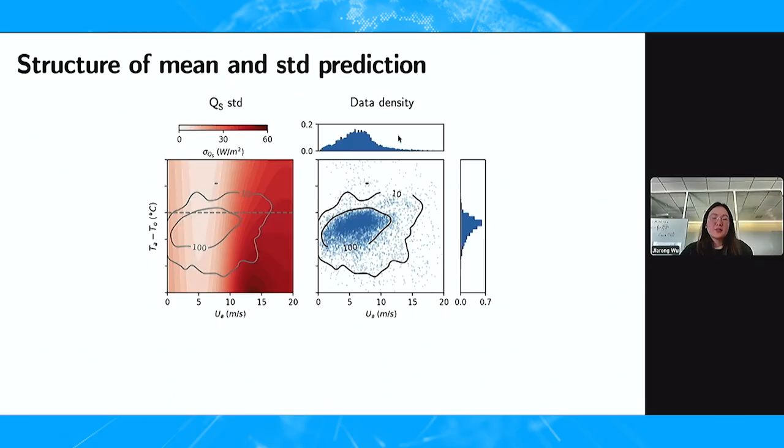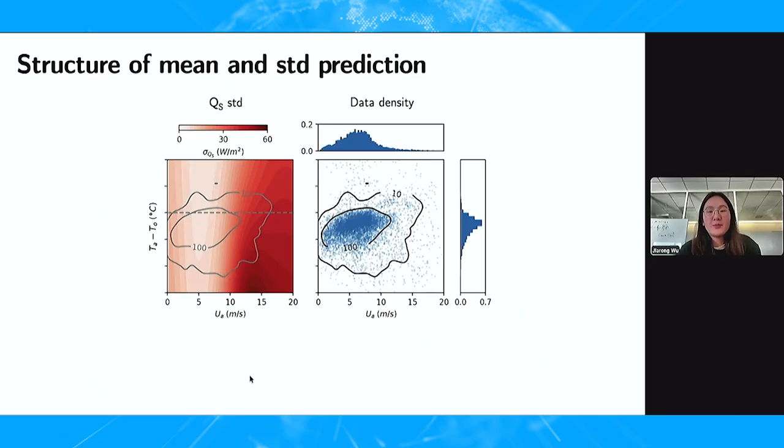But also some of this predicted uncertainty comes from the data itself. This density plot shows our data, and the above 15 meters per second regime is undersampled. So some of this will contribute to the predicted uncertainty as well.